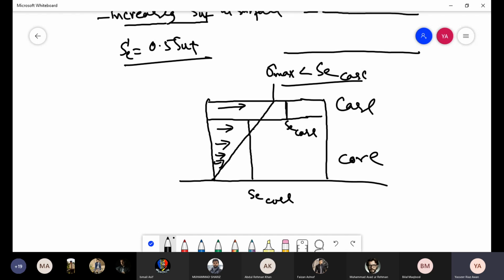But you can see there is this region where the stresses are higher than the endurance limit of the core. So we have to be very careful when case hardening is present, and consider both SE case as well as SE core.